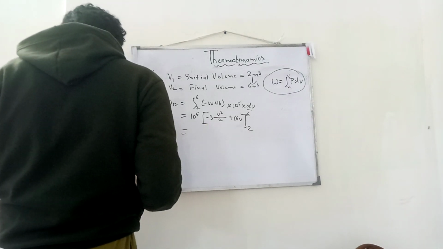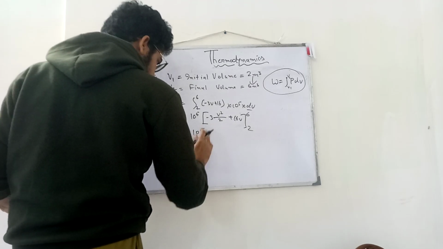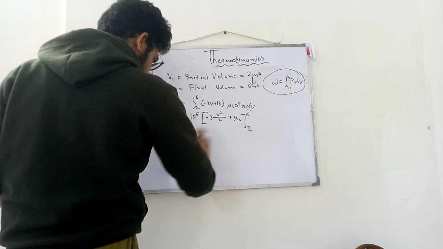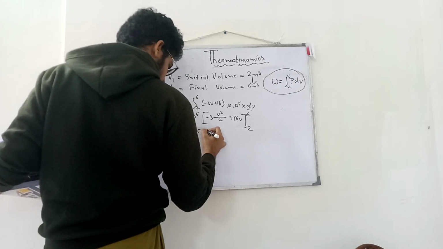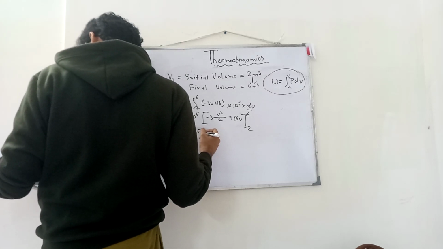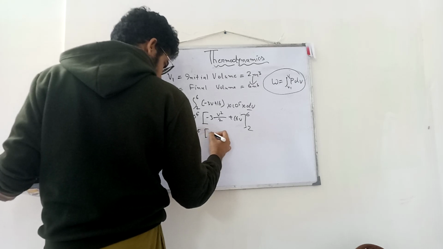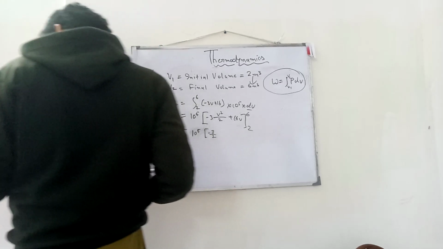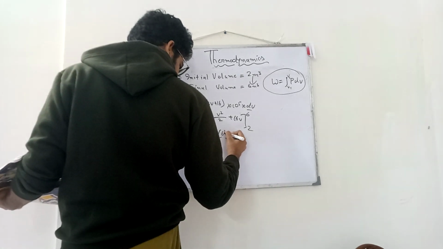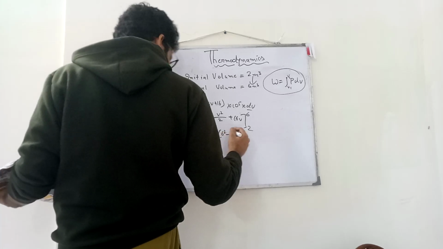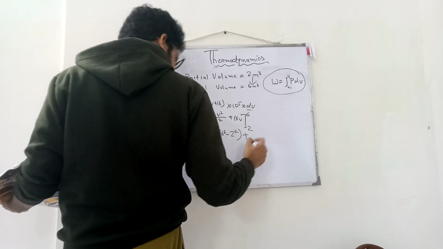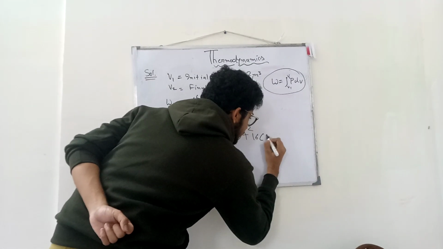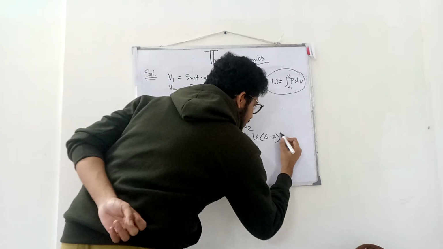So now 10 to the power 5, into minus 3 by 2 into 6 square minus 2 square, plus 16 into 6 minus 2.